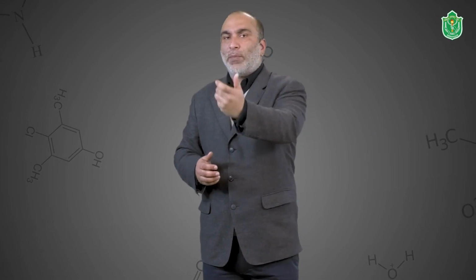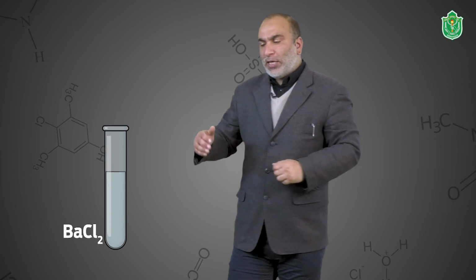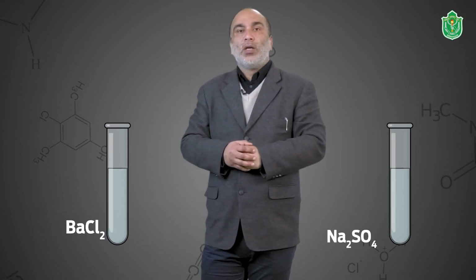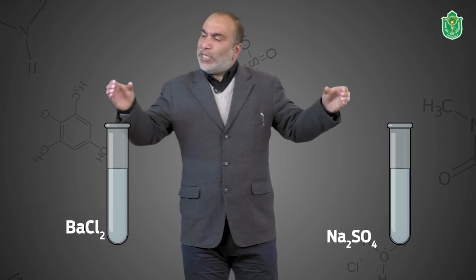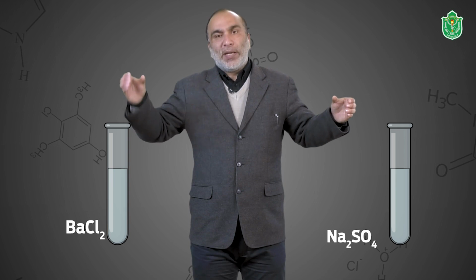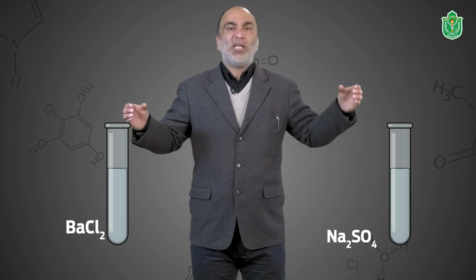An aqueous solution of barium chloride I am taking in one test tube, and I am taking sodium sulfate in another test tube. Now I have in two test tubes, one is an aqueous solution of barium chloride, and in another test tube I have an aqueous solution of sodium sulfate.